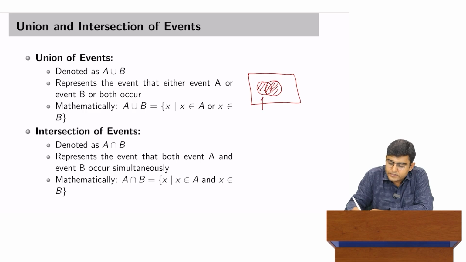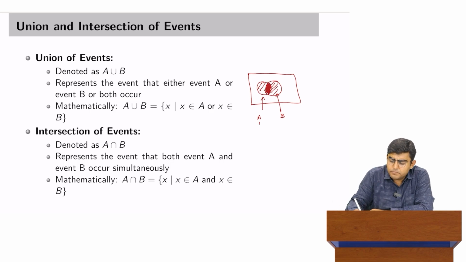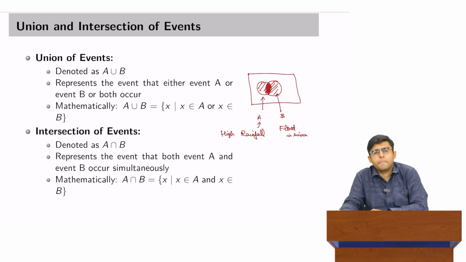So let us say that this is event A, this is event B, and when both of them are occurring simultaneously, we say that it's an intersection. An example could be that A represents high rainfall and B represents flood in the river in the same location or same region.